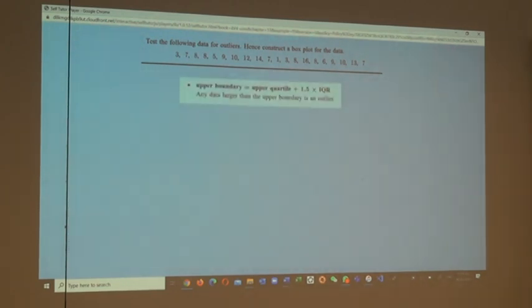So far, we have informally identified outliers or extraordinary values in a data set by extreme looking values at a graph or at the data directly. Look at the data set in this example. It is not immediately clear whether any of the values are outliers. We can formally test for outliers by calculating the upper and lower boundaries of a set. The upper boundary is the upper quartile of the set plus 1.5 times the interquartile range. The lower boundary is the lower quartile minus 1.5 times the interquartile range.